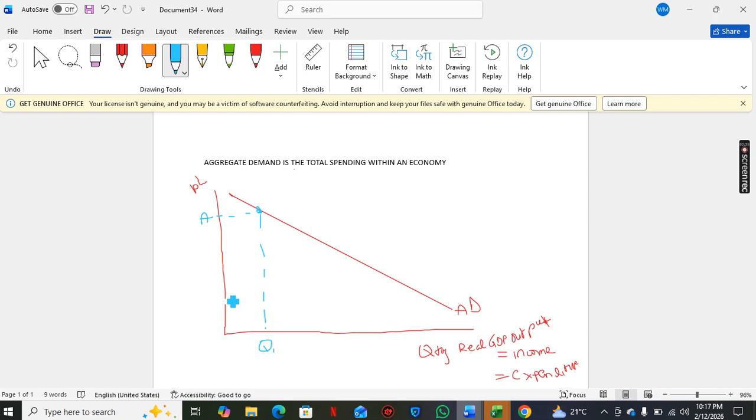And at lower price levels, there is more spending. Colleagues, for aggregate demand, at higher price levels, less spending within the economy. At lower price levels, more spending within the economy.